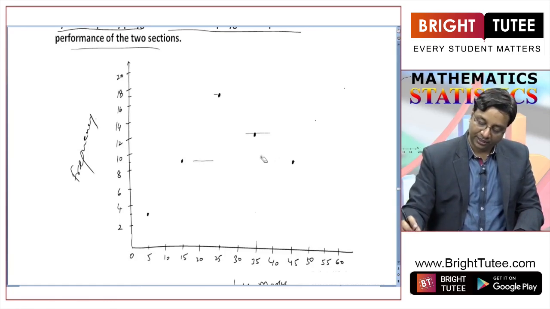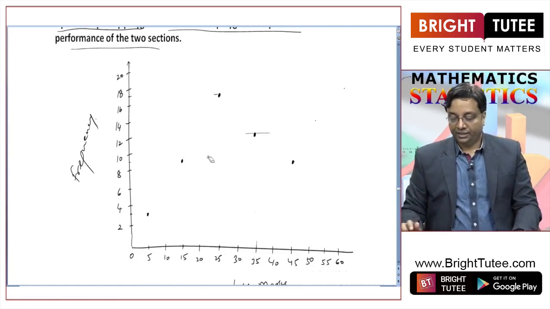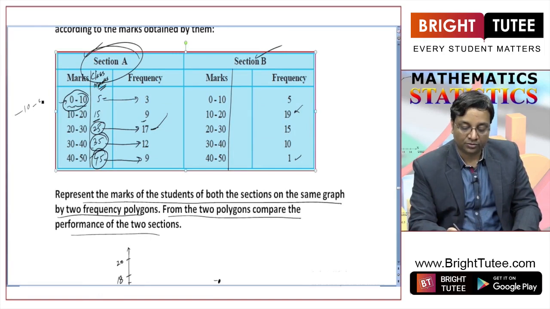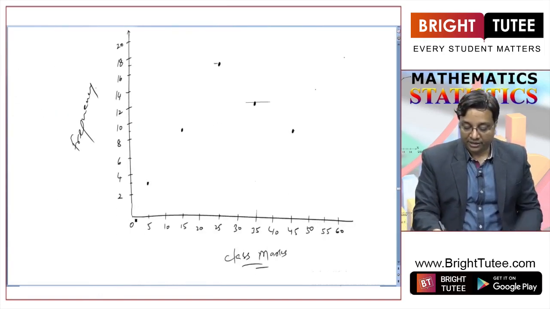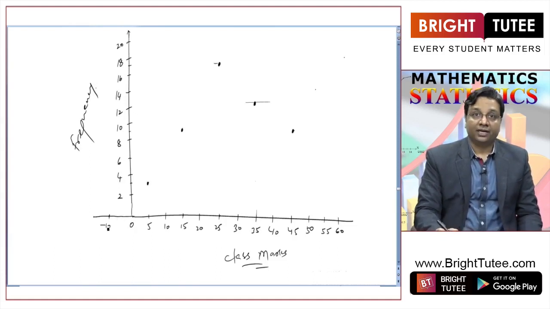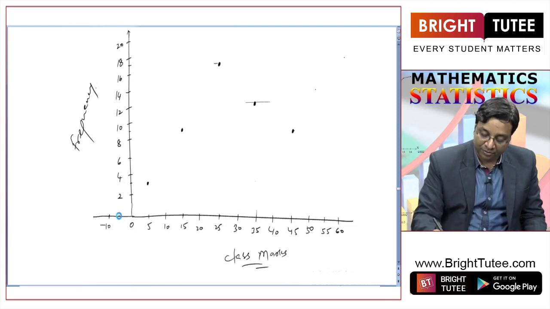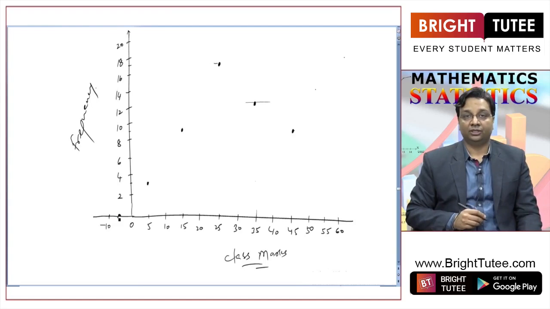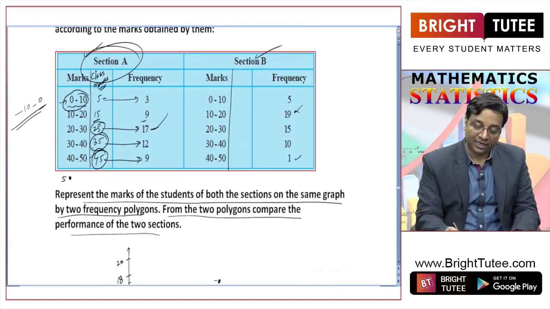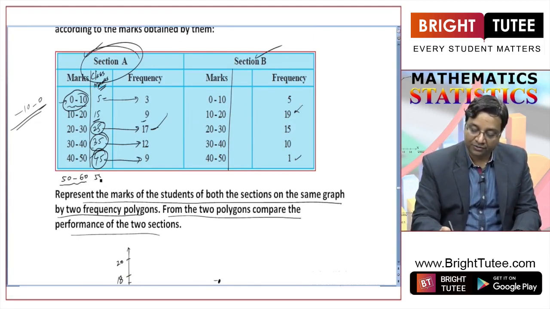Okay, let me erase these lines. Now before this class of 0 to 10, I'll have an imaginary class minus 10 to 0. Okay, so for minus 10 to 0, I'll have to go here. Okay, and the corresponding class mark will be the midpoint of minus 10 and 0, that is minus 5. So this will be the class mark for this imaginary class. And I have to go beyond these classes also, 40 to 50. So I'll have to take 50 to 60 as my next class, and the corresponding class mark will be 55.